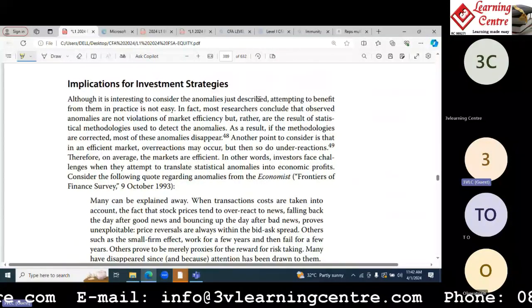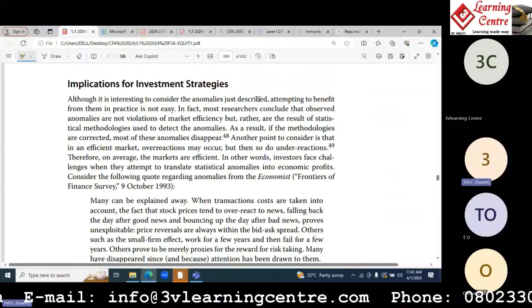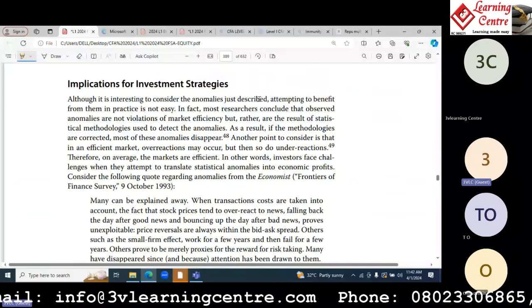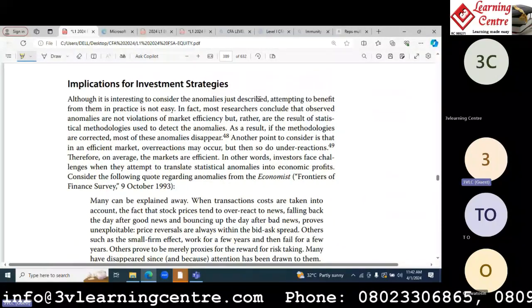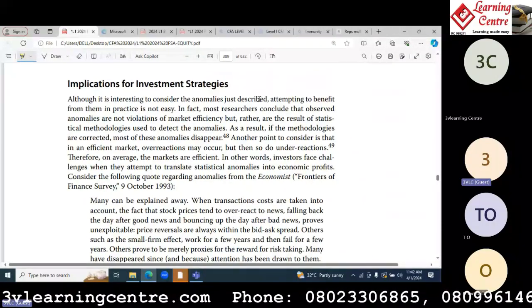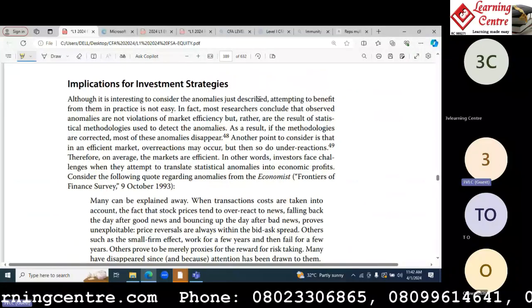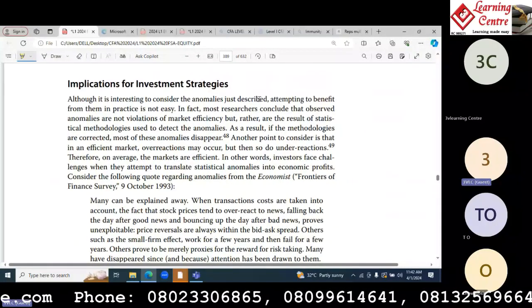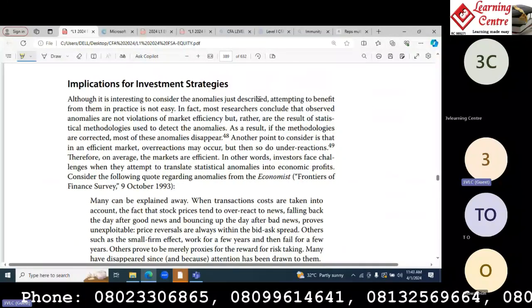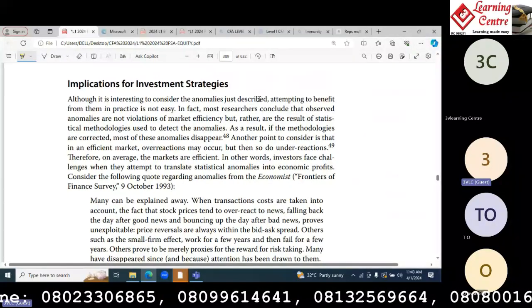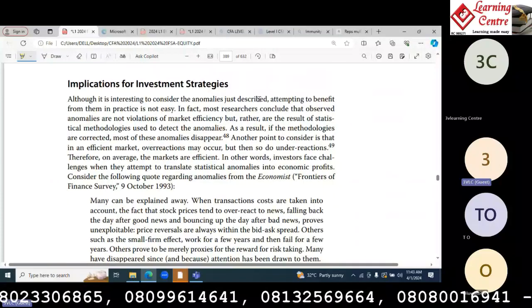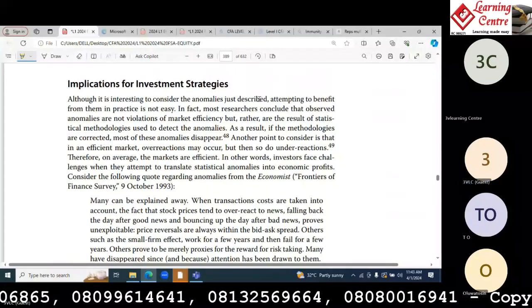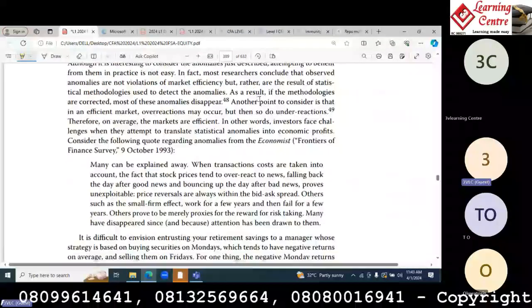Implication for investment strategies. Although it is interesting to consider the anomalies just described, attempting to benefit from them in practice is not easy. In fact, some researchers conclude that observed anomalies are not violations of market efficiency, but rather are the result of statistical methodologies used in detecting anomalies. Can you take advantage of anomalies?